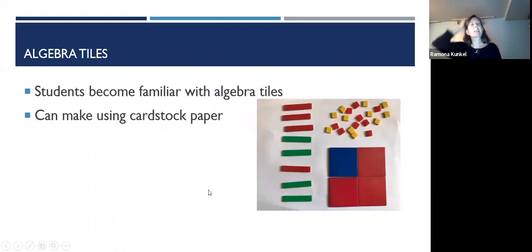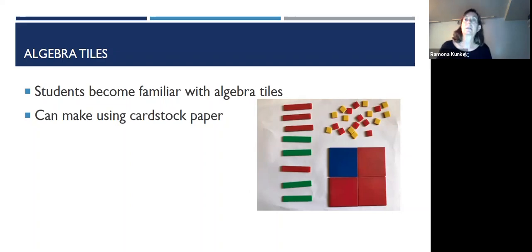I included this because I know that some instructors, as they get further on, like to use algebra tiles. I have never been a real fan of algebra tiles. I think it depends upon how you use them, how you introduce them.